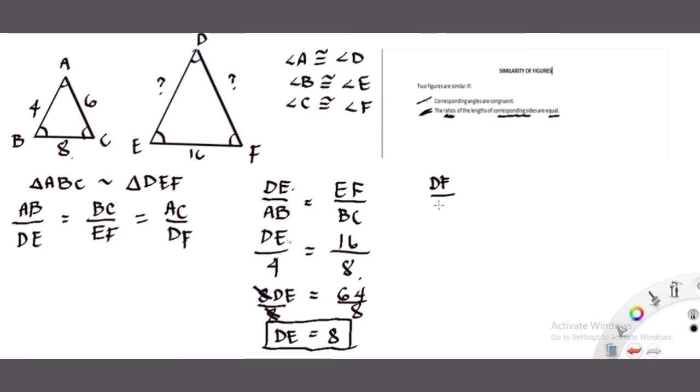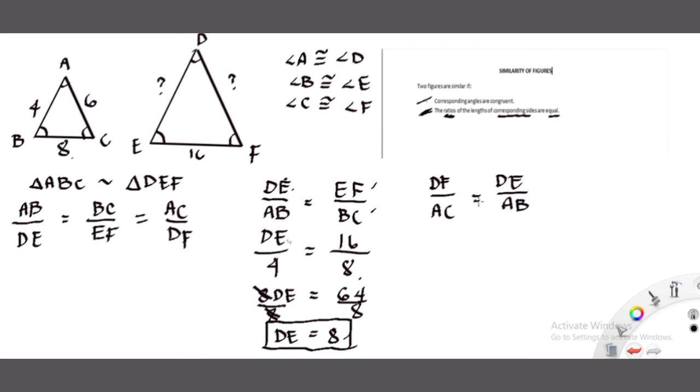So DF over AC is equal to, pwede natin gamitin yung kaninang ginamit natin dito sa equation na to since alam natin na kompleto ang EF tsaka BC. Or since nasagot na natin ang value ng DE, pwede rin natin gamitin ito. Depende po sa atin. Let's say gusto natin gamitin ito since kompleto na siya. So we can have here the ratio DE over AB.